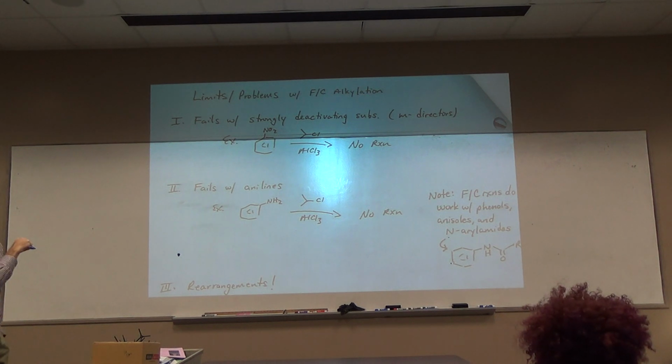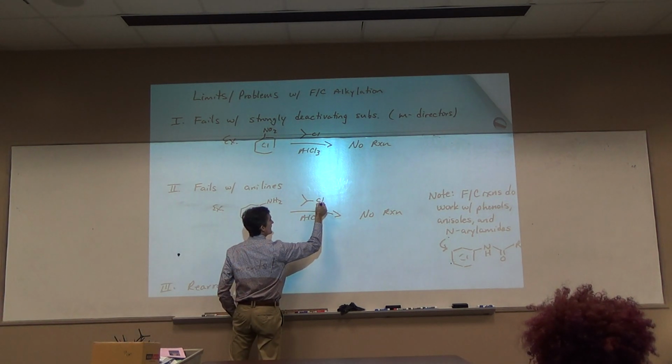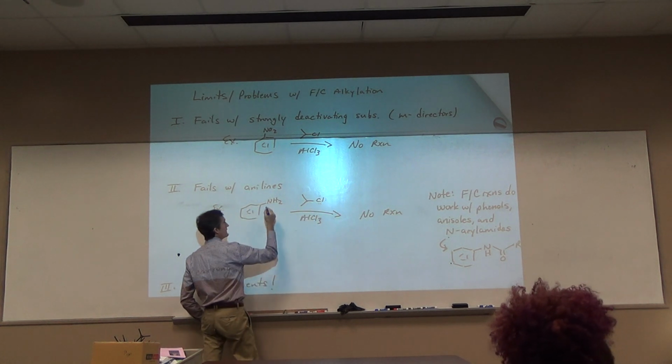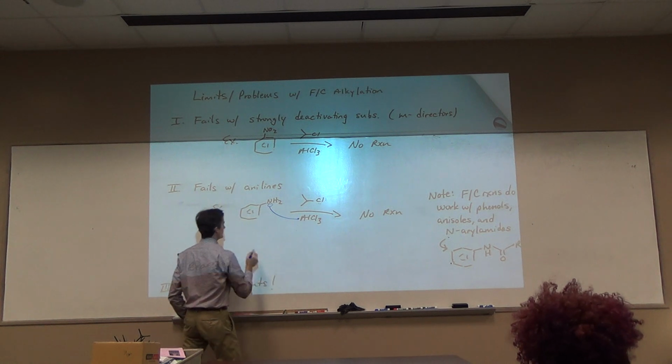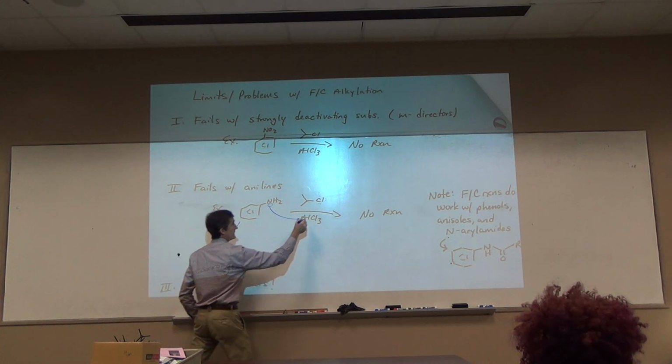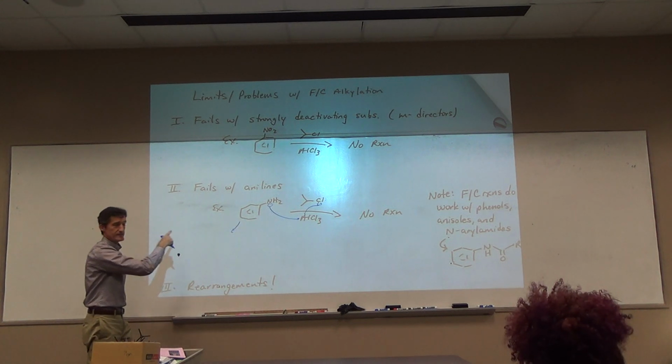The chlorine of your alkyl halide complexes with the aluminum? Okay. Well, instead, what about these electrons adding to the aluminum? I mean, why do those electrons but not these?